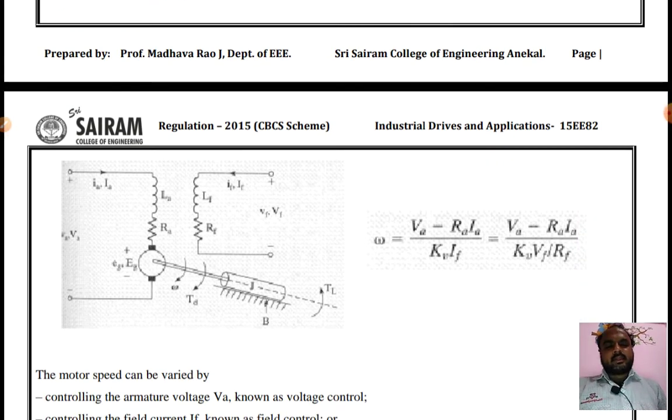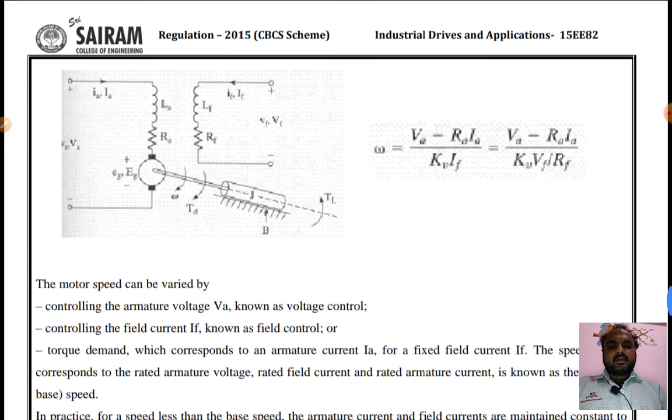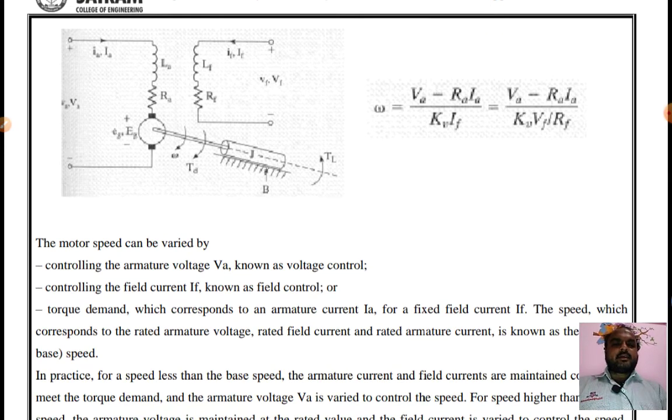Field excitation will be independent of armature voltage in a separately excited motor. So here the speed omega is equal to E by K into IF, right?